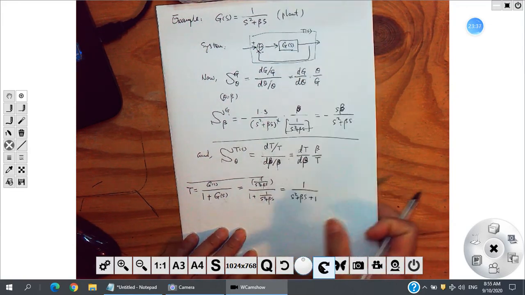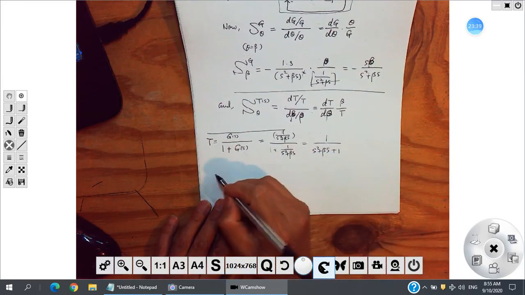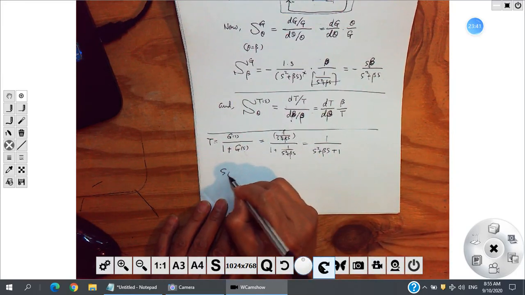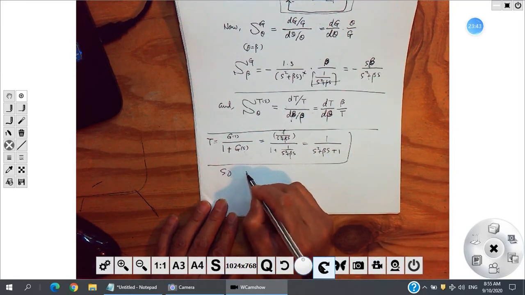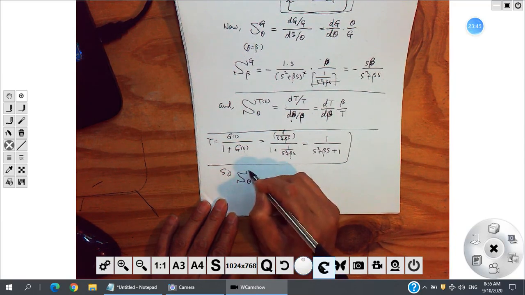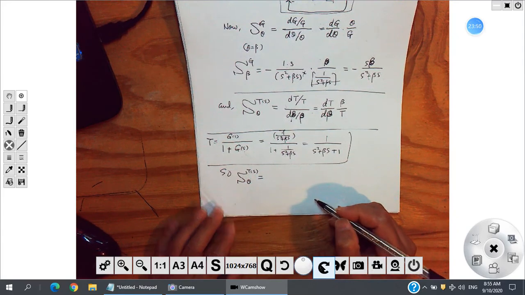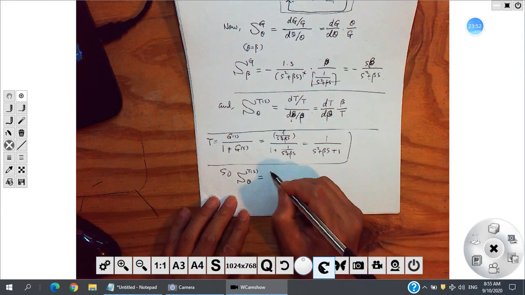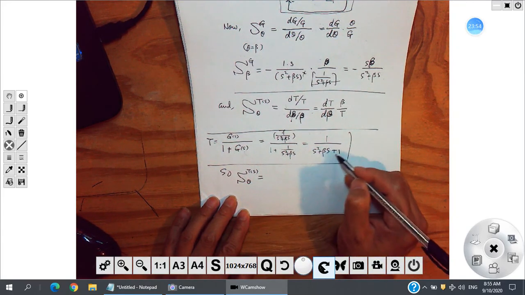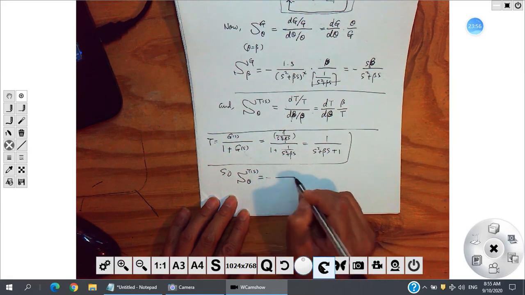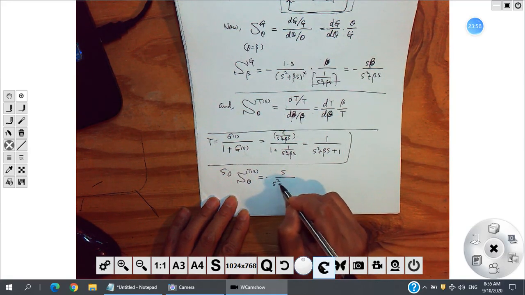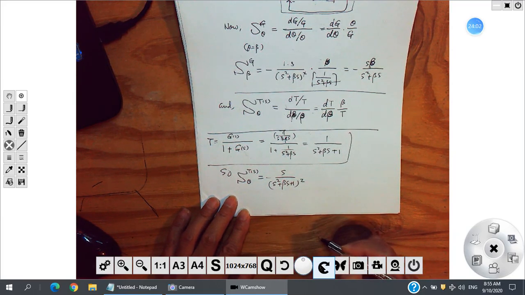Alright, with this T of s, the sensitivity of T according to theta is the derivative of this according to beta, that is a negative s over s squared plus beta s plus 1, squared. Yeah, similar to this one.